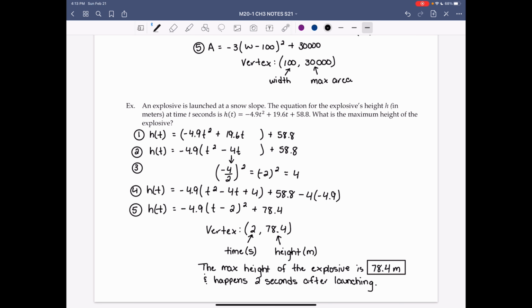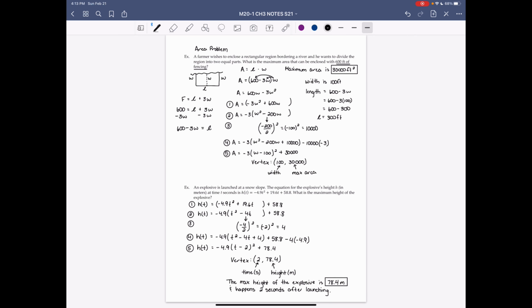They didn't ask for that in this question, but in other questions it could ask you at what time the explosive or the object was at its maximum. It could ask you for both the height and the time. You just have to make sure you read the question carefully and answer what it's asking for. That brings us to the end of the Chapter 3 notes.